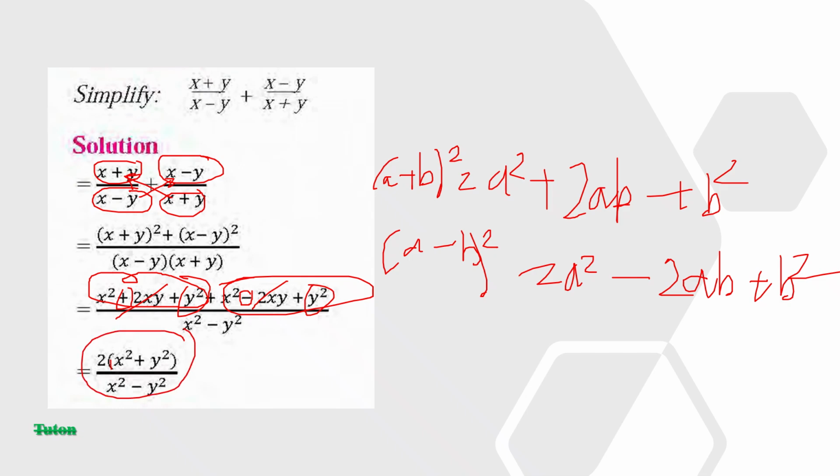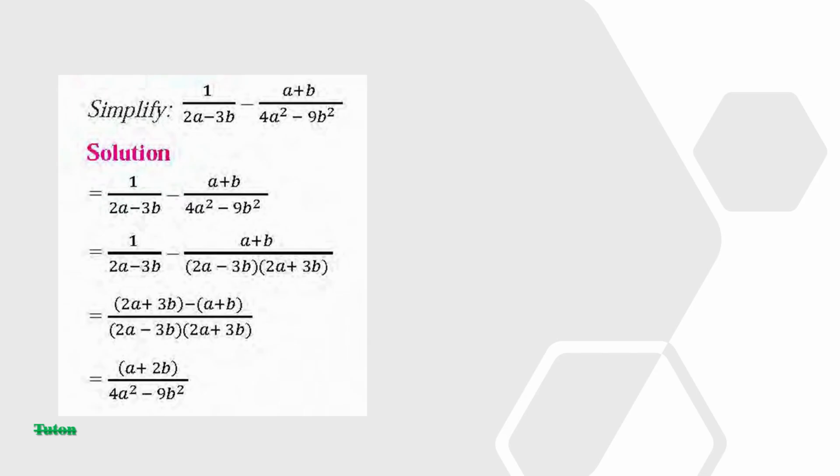Now finally we have got the answer after taking 2 in common from both x square and y square. Now let's see this question. At a glance we all can see that this term can be broken down into 4a square minus 3b square.